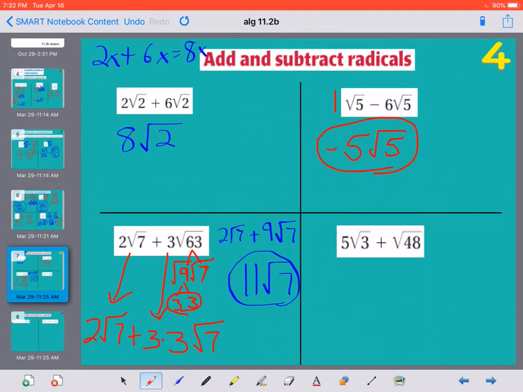Next one, same thing. We are going to factor 48. Now I know that 48 can factor into 6 and 8. 6 can factor out to 2 and 3. 8 can factor out to 2 and 4. And 4 can factor out to 2 and 2.